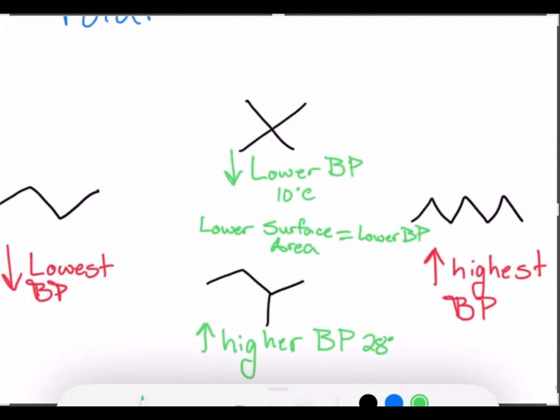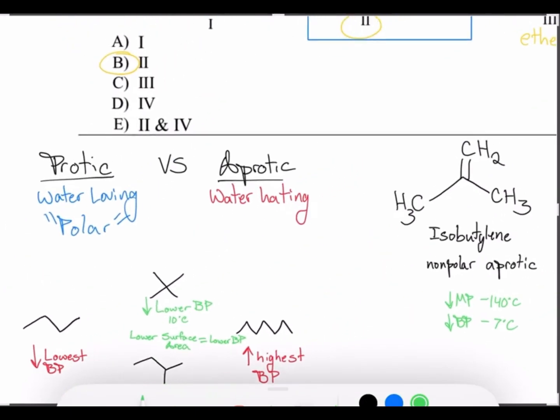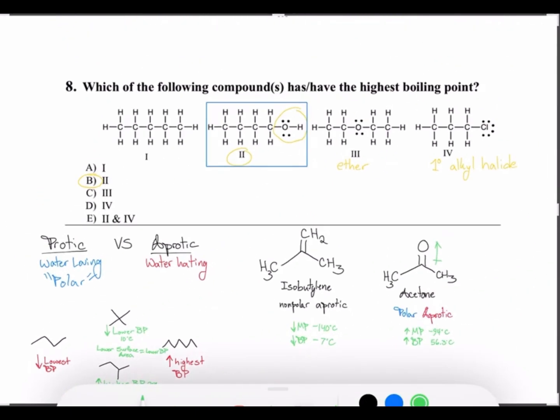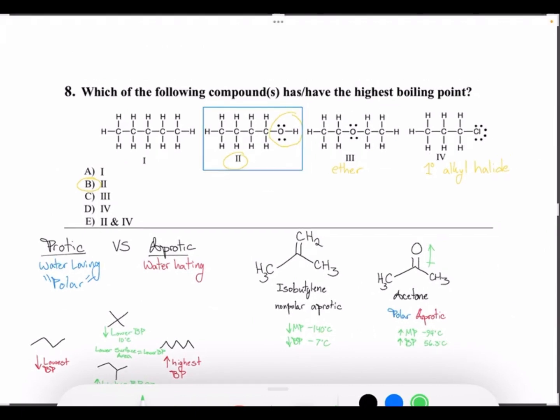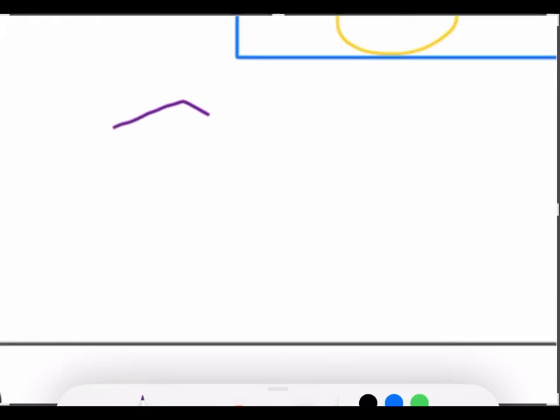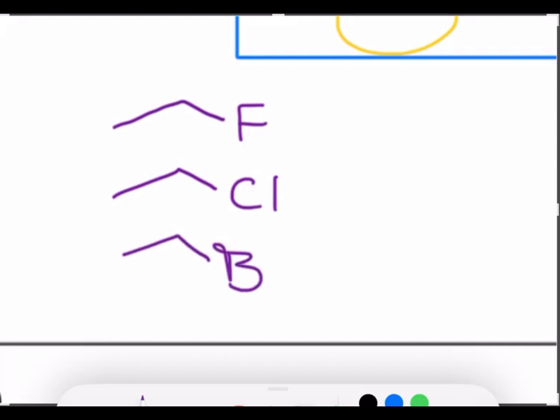All right, we're getting a little crowded here. Now, let's move on to something else I wanted to address, which is our alkyl halides. So I'm going to have to pick a spot here. Let's say we have a whole bunch of different alkyl halides. We have fluorine. We have chlorine. We have bromine. And we have iodine.